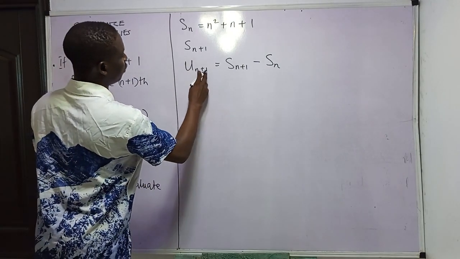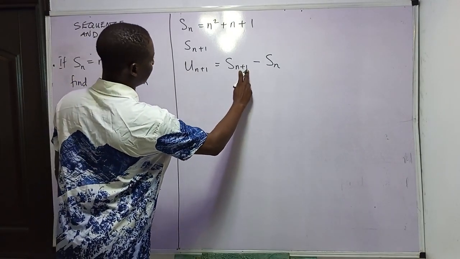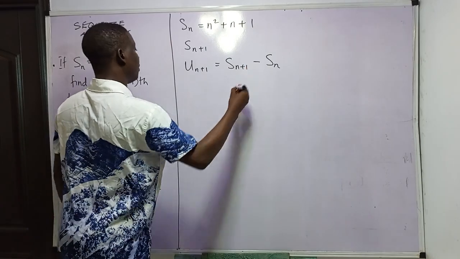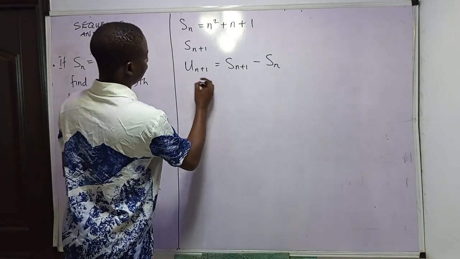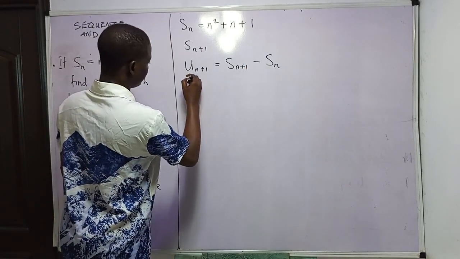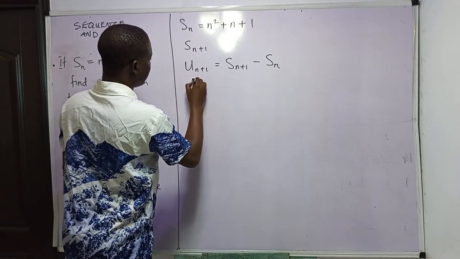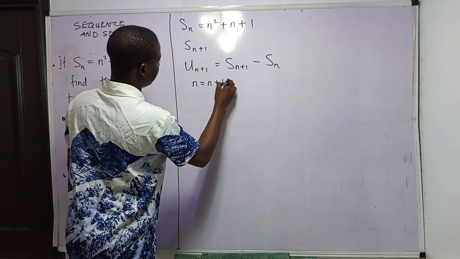So u n plus 1 equals the sum of the first n plus 1 terms minus the sum of n terms. So we're going to have it as what? Anywhere we see n, put n plus 1 there.